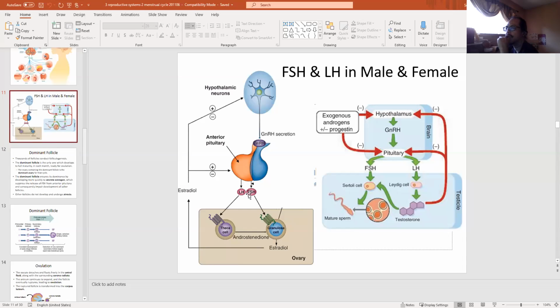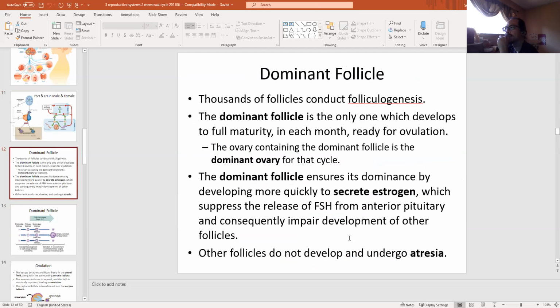So while it's growing, we have even less supply to it. The other weaker ones cannot survive with a limited amount of FSH, and so the others will die. Those thousands that could not make it degenerate, and that is called atresia.